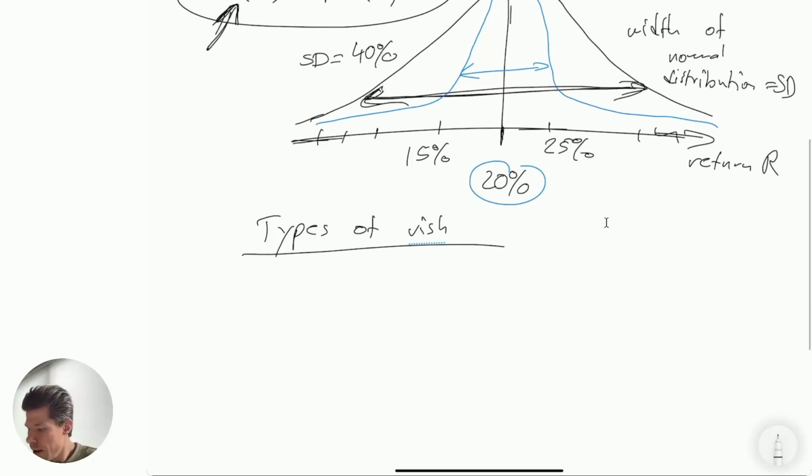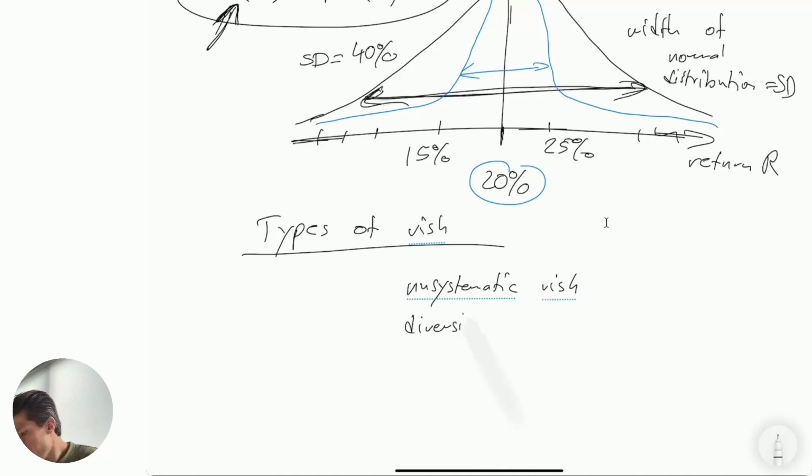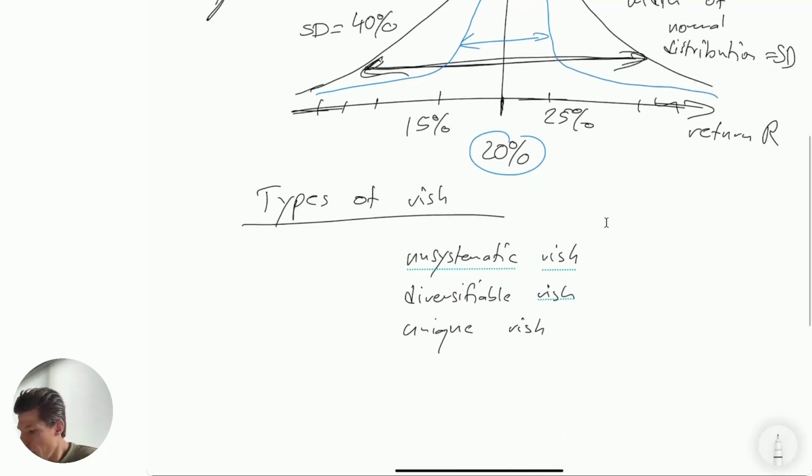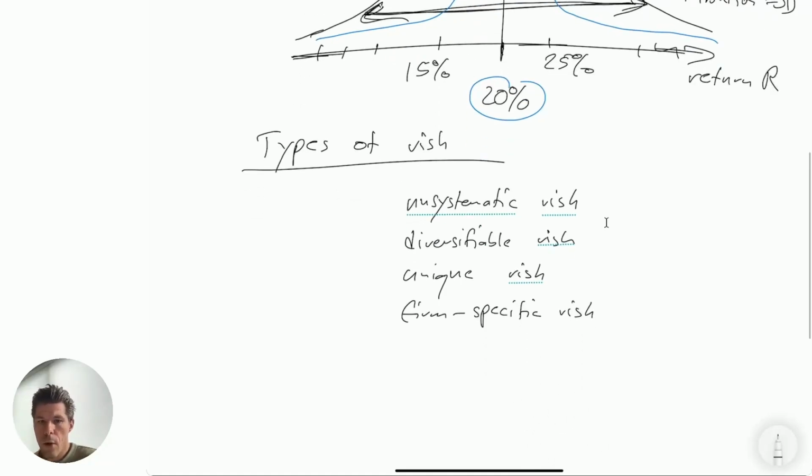We have unsystematic risk, diversifiable risk, unique risk, firm-specific risk, and idiosyncratic risk.